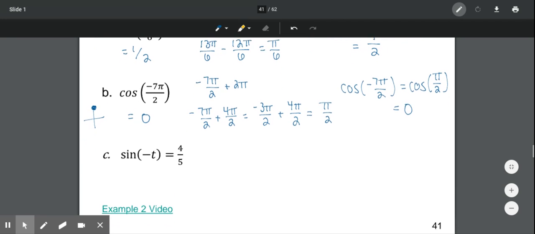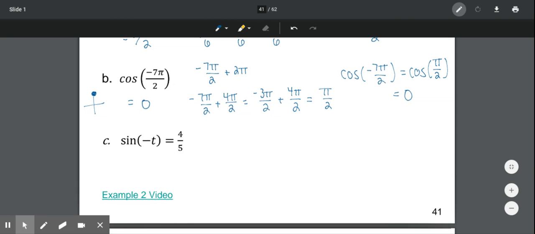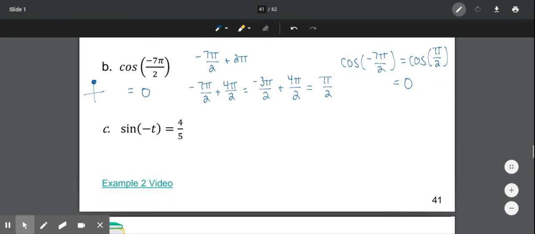And then for part C, this one's a little bit different. This isn't your period, this is your odd and even functions. So remember when I told you to write down that the sine of negative t equals the negative sine of t.